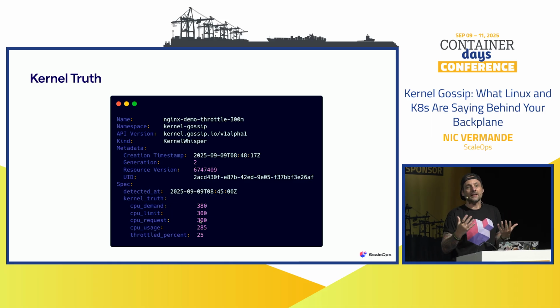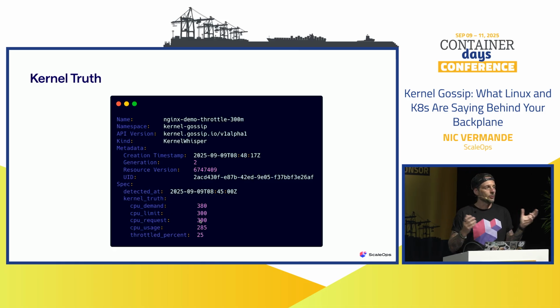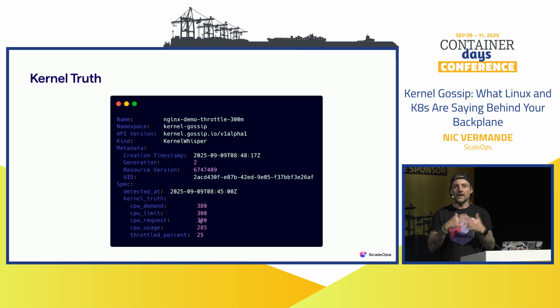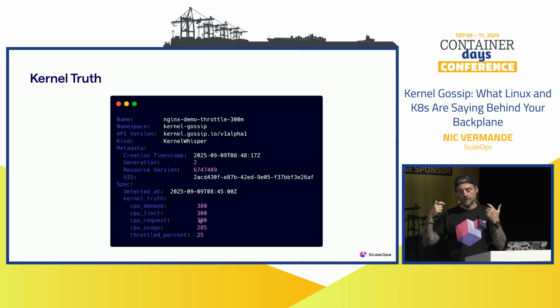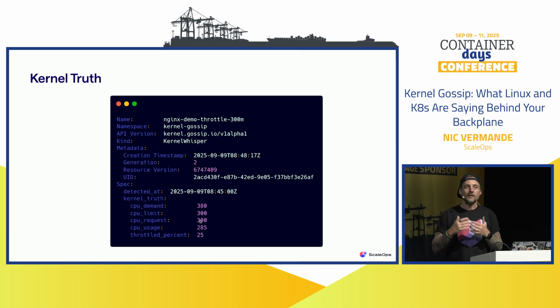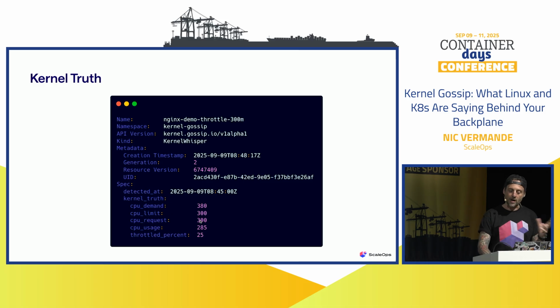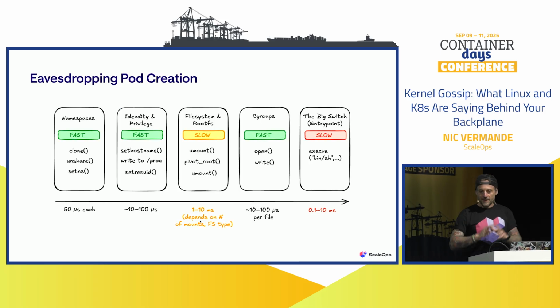Which is exactly what the container demands, but it's not what it's getting. You think that, okay, my CPU usage is 285, I'm a bit below my limits or request, so it may look healthy. But in reality, if you're missing the context, the CPU throttling and the CPU demand, then you will never know that your container is actually not really healthy, right? This is why I'm saying Kubernetes is lying to you. So that was for the introduction.